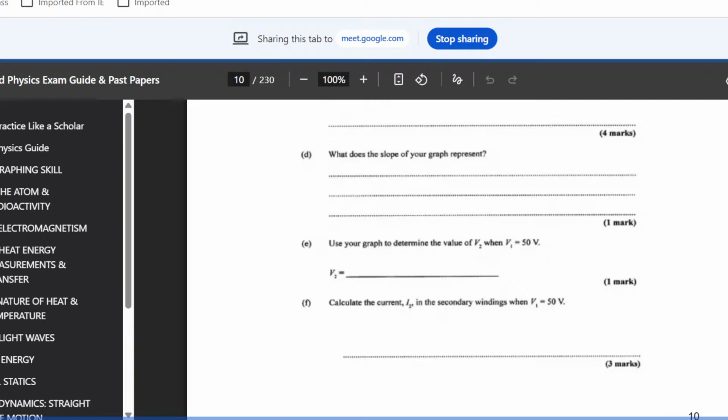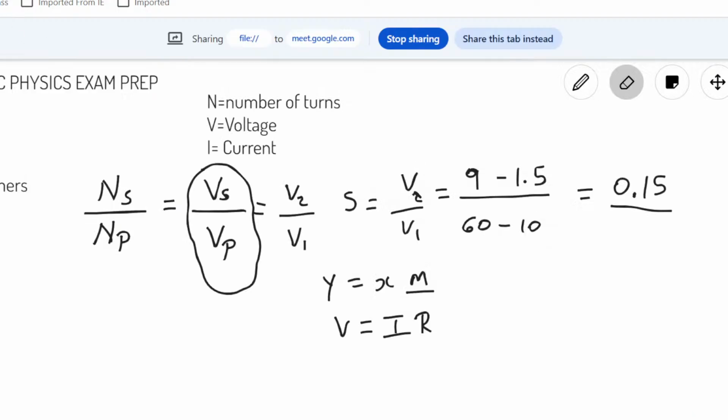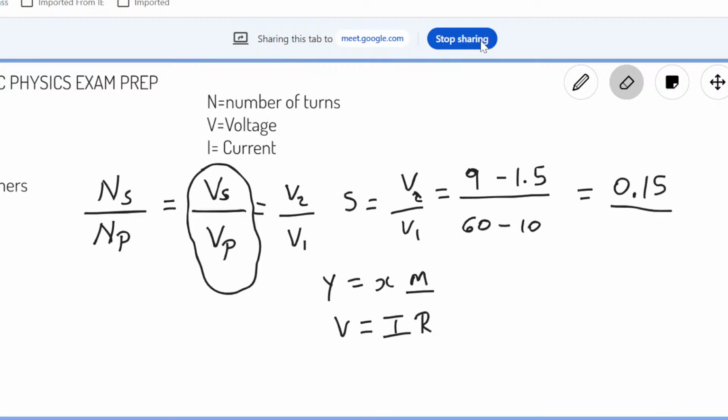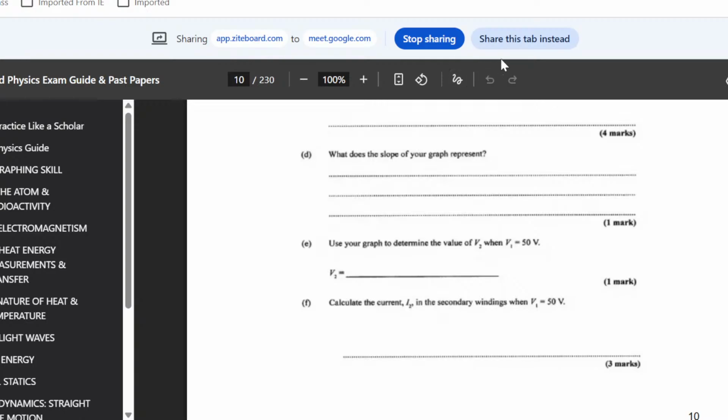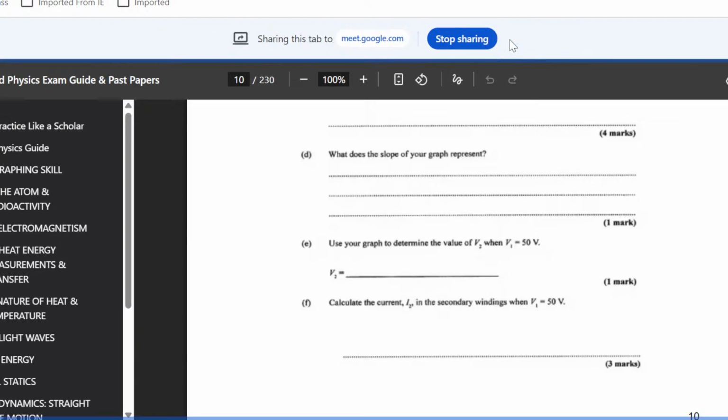Since we know the ratio, they say if V1 is equal to 50, what is V2 likely to be? Even though we didn't do the graph, if V1 is 50, what is V2 likely to be based on what our gradient was? Let's see if somebody can work that out.